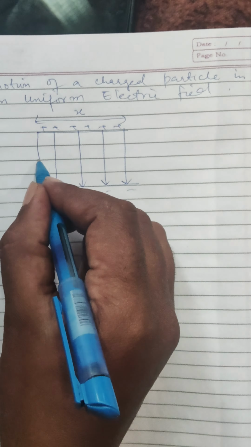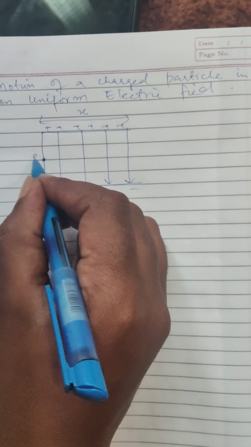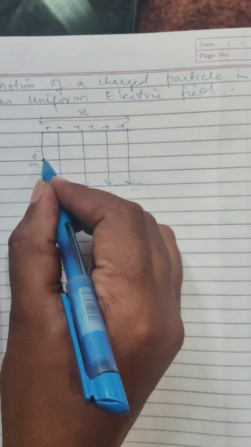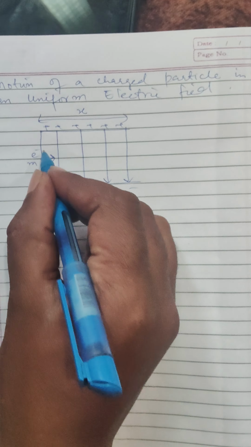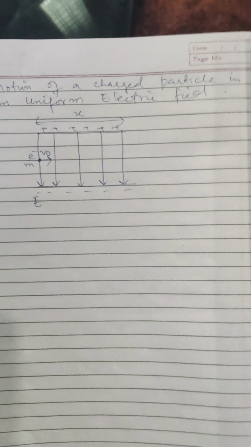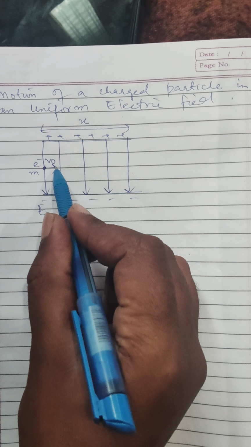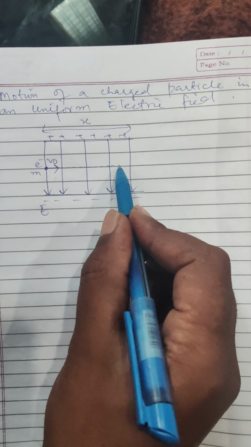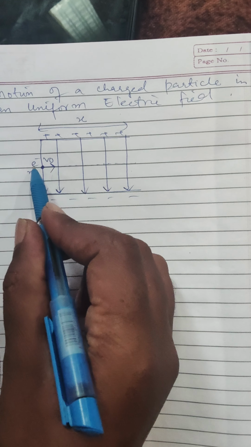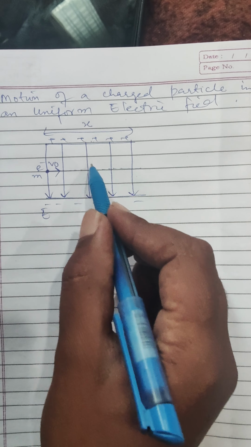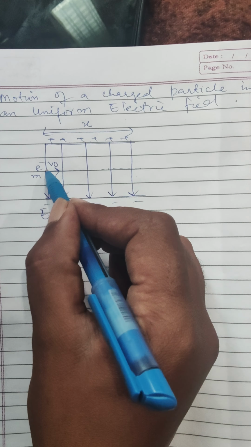Now here an electron having charge e negative and mass m is entering this field with velocity v0. Had there been no field, this electron would have traveled in a straight line with this v0 velocity. But since it has negative charge, the positive plate will attract it, and its motion will be like this.